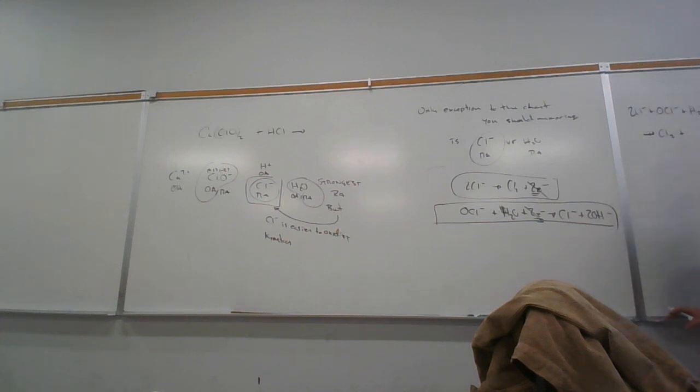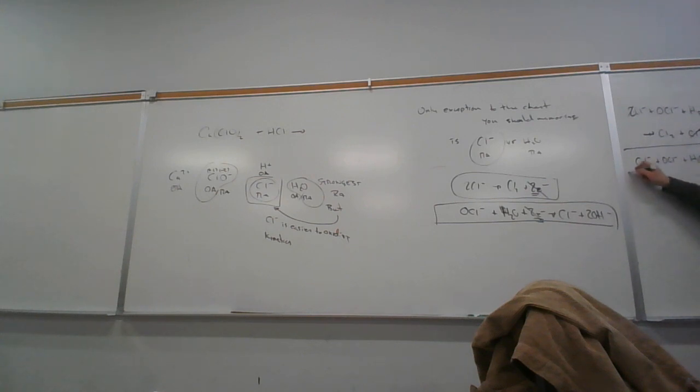I need to cancel one of these out. Plus chloride plus 2 hydroxides. I'll cancel it out now. And so this chloride will cancel out one of these. And so overall I'm going to get chloride plus hypochlorite plus water yields chlorine plus 2 hydroxides.